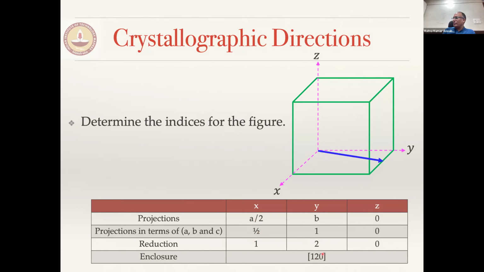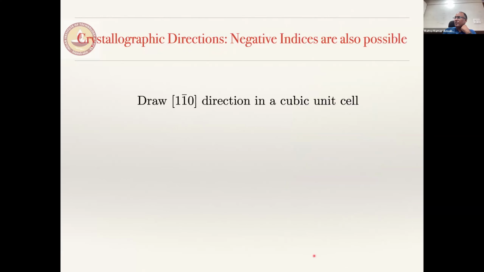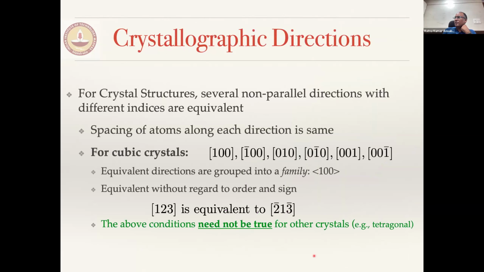And if you have to represent a crystallographic direction, you put it in a square bracket. We also learned that in cubic crystals, any permutation of these three symbols gives equivalent directions. So the family of equivalent crystallographic directions is represented by angle brackets.